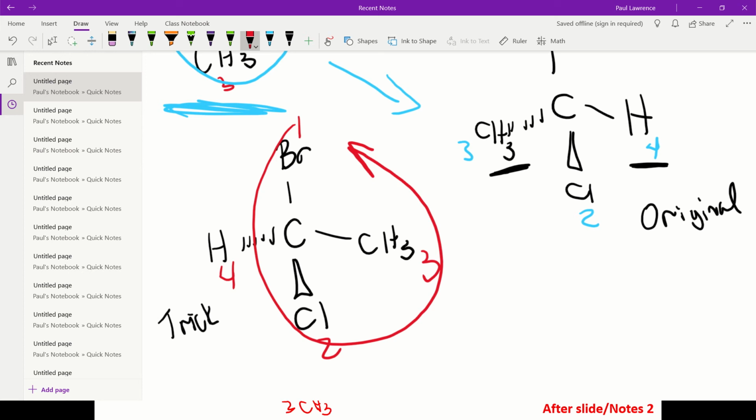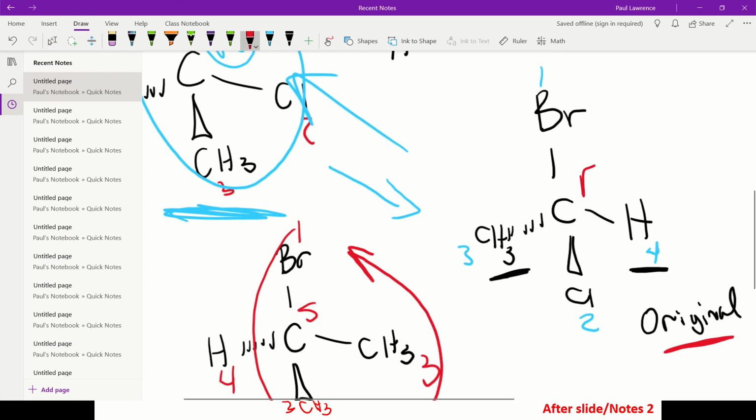Counterclockwise. And that makes us have an S configuration. So the trick molecule has an S configuration. But we are interested in the configuration of the original molecule. The way you figure out the original is you just take the opposite configuration of the trick molecule. So that makes this guy an R.